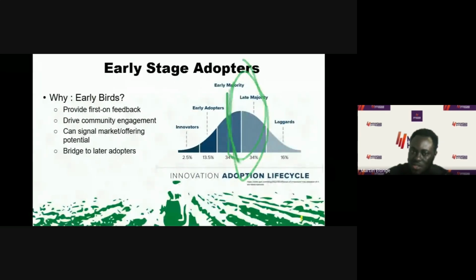They're very interested at this level. Early adopters, people will fund there. You can also have angel investors at this level of your population, of your customer segmentation. Angel investors are also risk takers. They are early adopters as well. So they are risk takers as well.